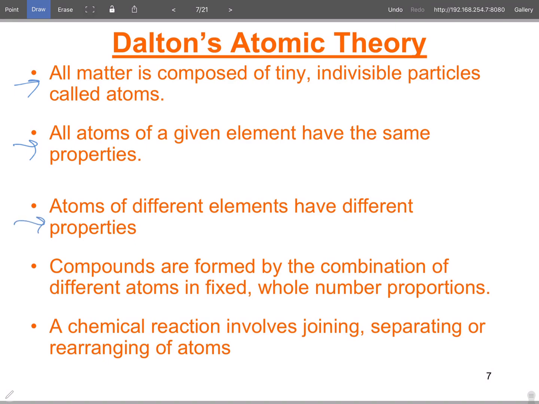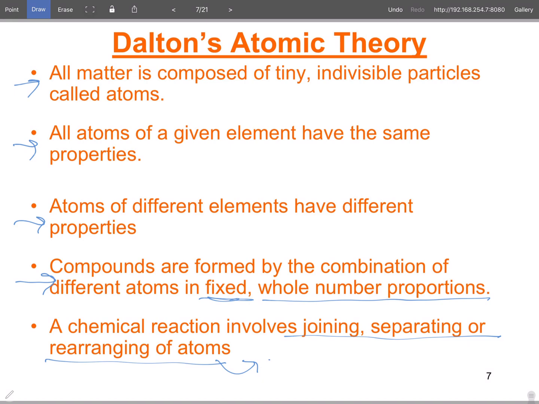This is always one of my favorites: atoms of different elements have different properties, because if they were the same, it'd be the same element. Compounds are formed by the combination of different atoms in fixed whole number proportions. Okay? Now, this is taking Proust's rule from the grams into the actual atoms. And a chemical reaction involves the joining, separating, or rearranging of the atoms.